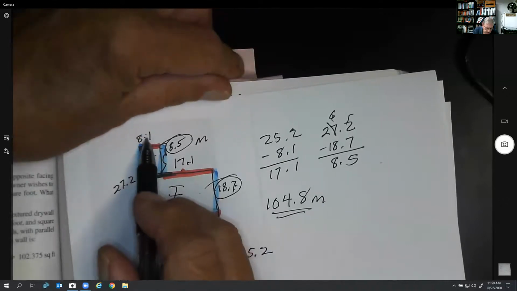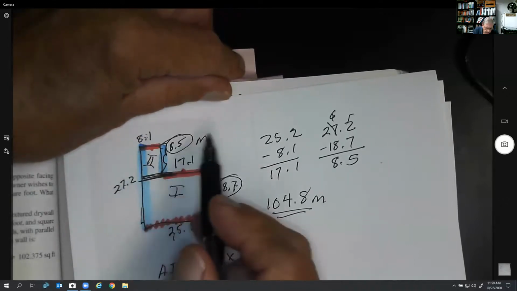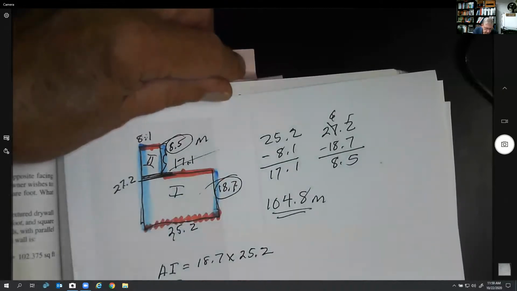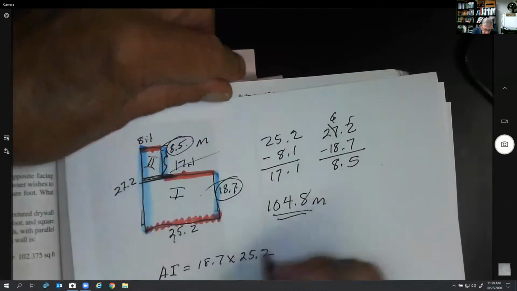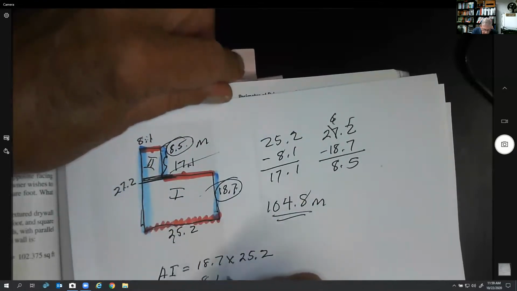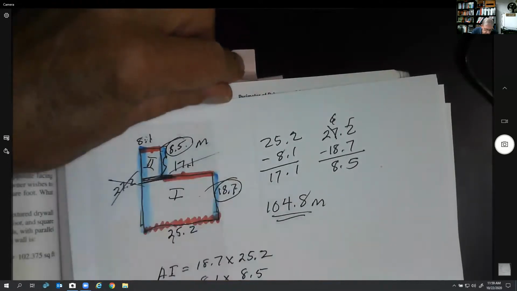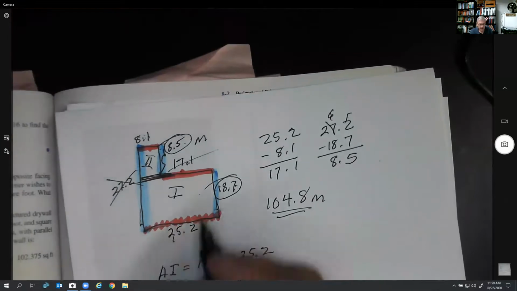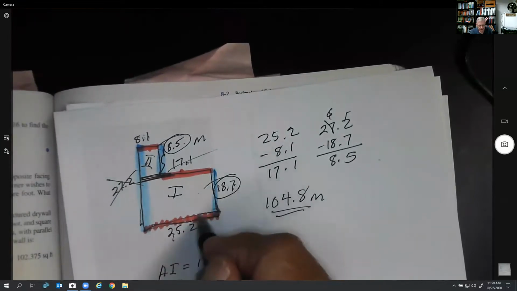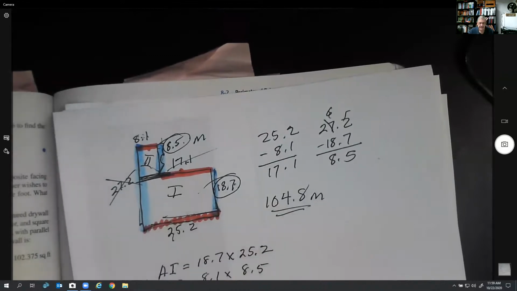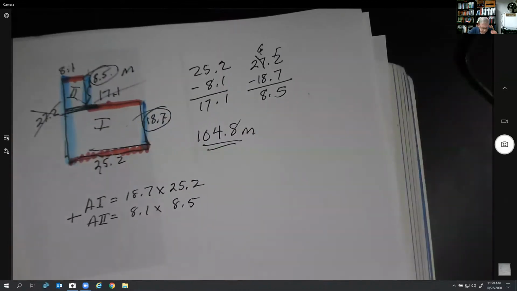And this is going to be 8.1 times 8.5. I'm not going to use the 17.1. I'm using the area, length times width. Then when I get through, I'm going to add these together.